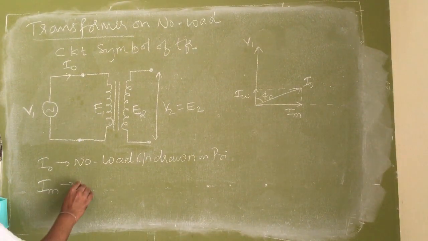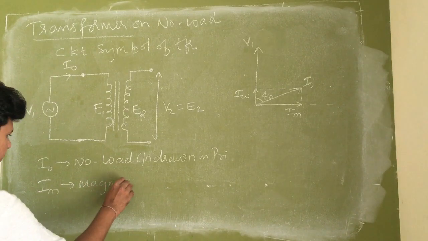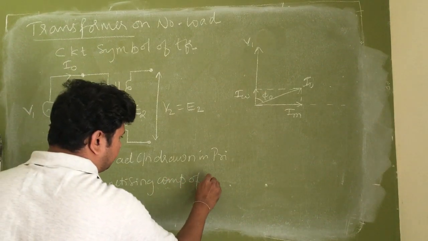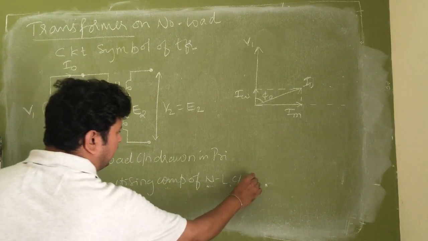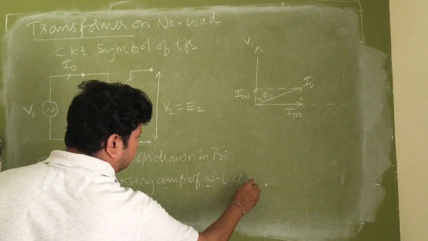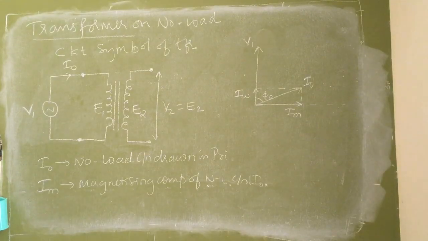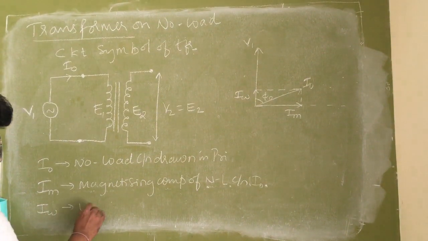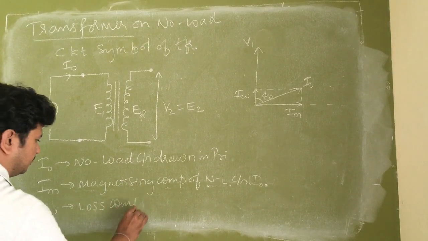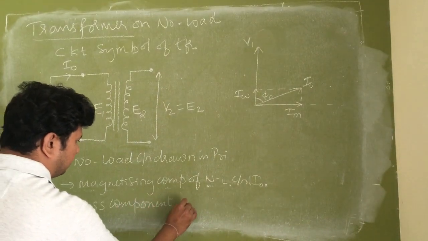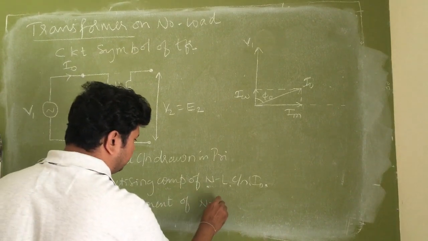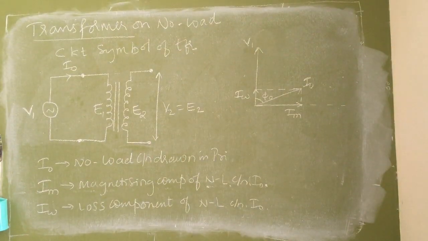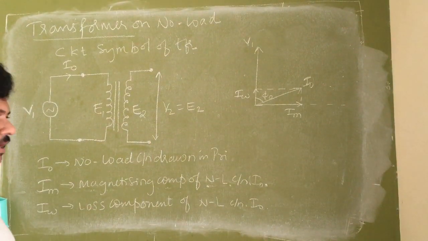Im is the magnetizing component of the no load current I0. Iw is the loss component of the no load current I0.